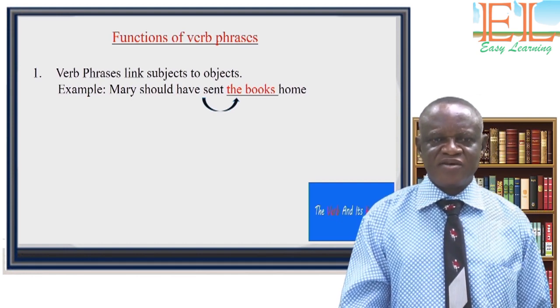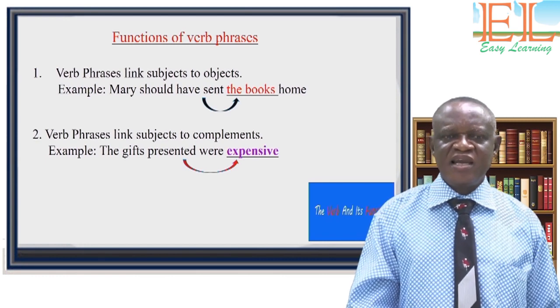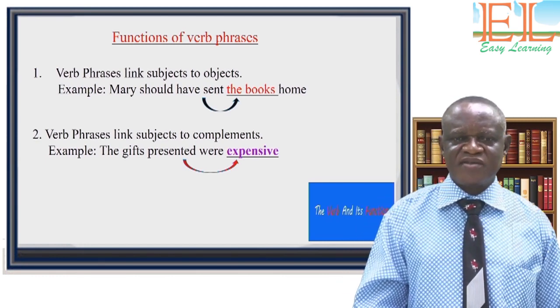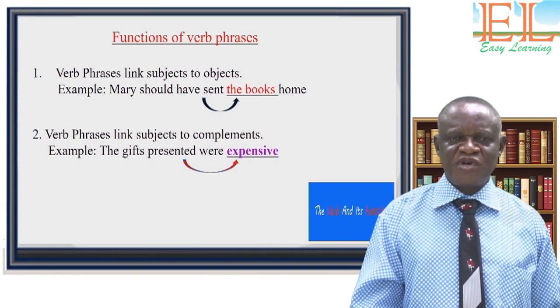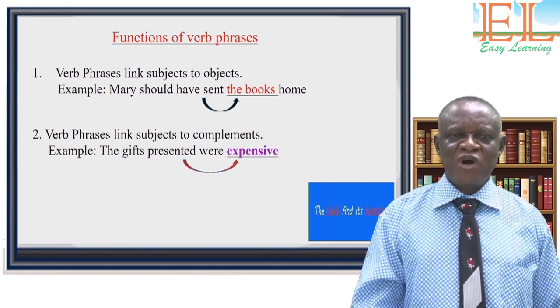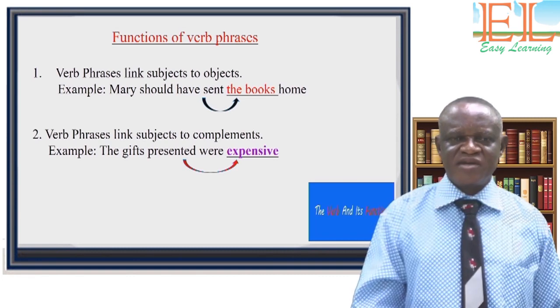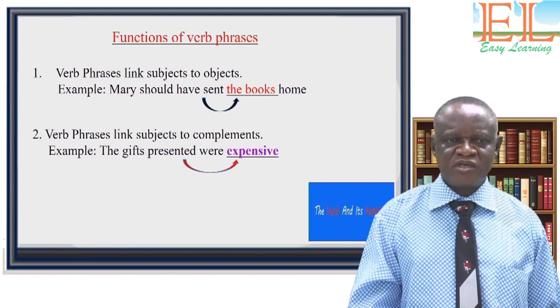We go to the second example and we see that the verb phrase again links subjects to complements. The gifts presented were expensive. The verb phrase there, were, is linking the subject, the gifts presented, to the complement expensive.